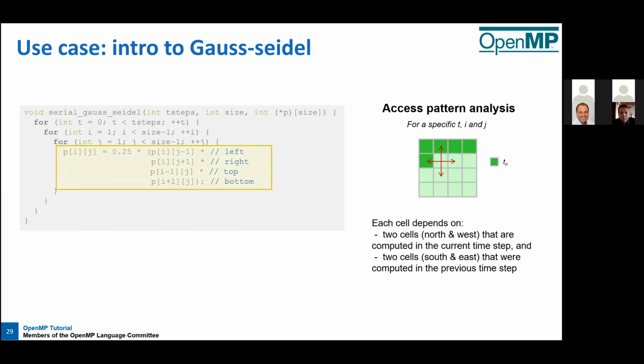Now, the data dependencies in that example are, as I just described, up and down and left and right. So to compute this cell, you need input from that cell, from that cell, from that cell, and that cell. So there's a data dependency that you cannot easily get rid of if you want to parallelize it.